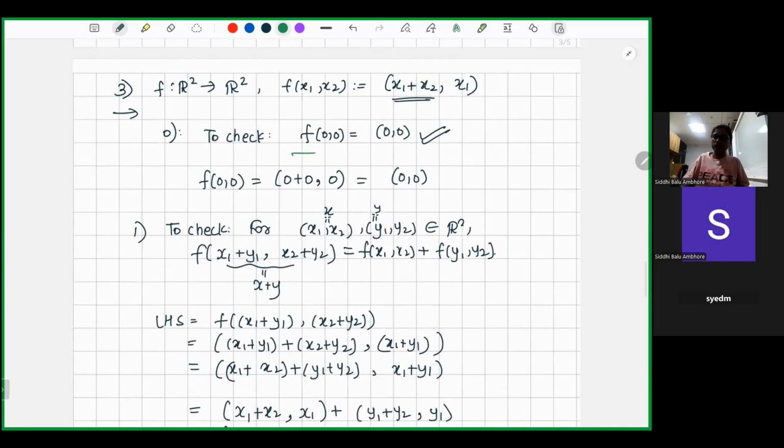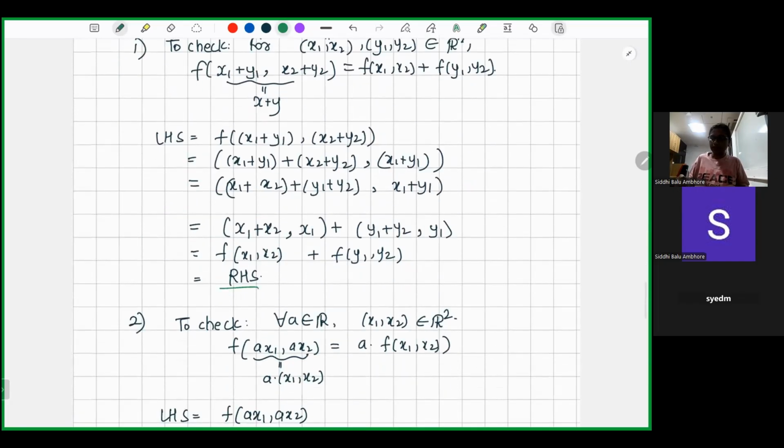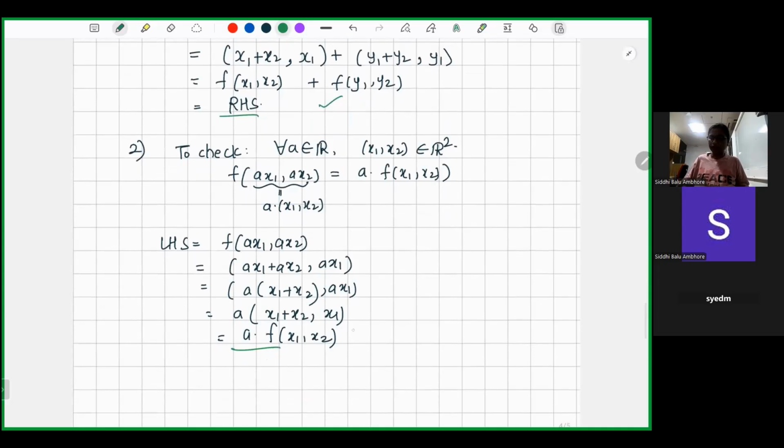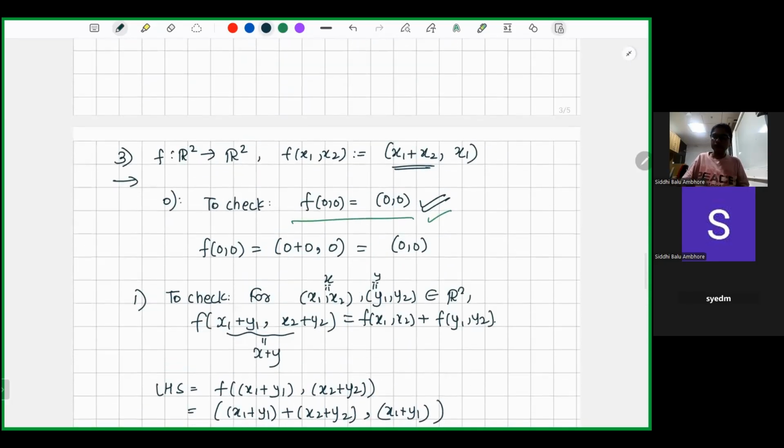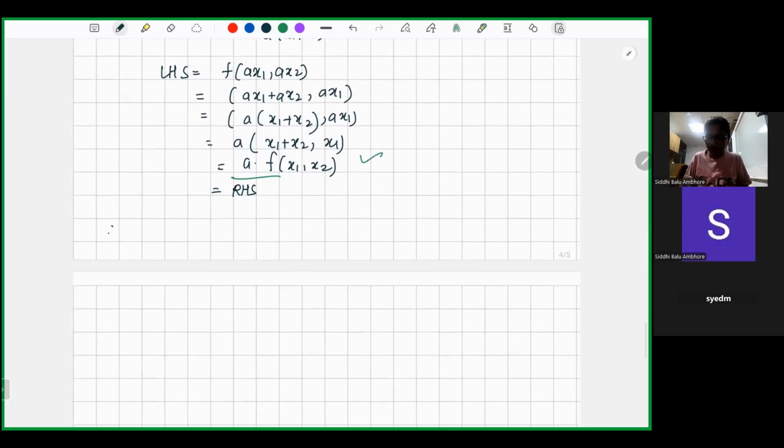The zero condition is satisfied, the addition is satisfied, and the scalar multiplication is also satisfied. Therefore f from R2 to R2 such that f of x1 comma x2 is equal to x1 plus x2 comma x1 is a linear map, an R linear map.